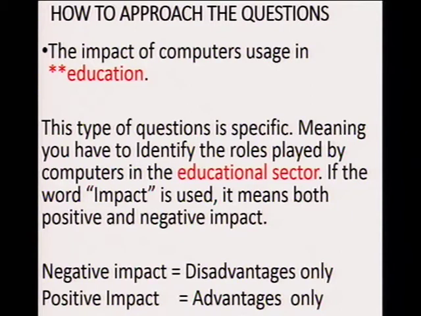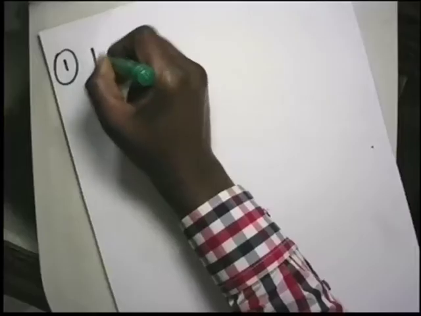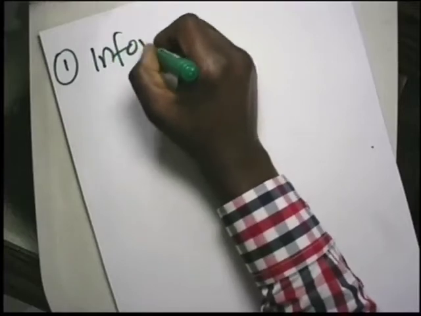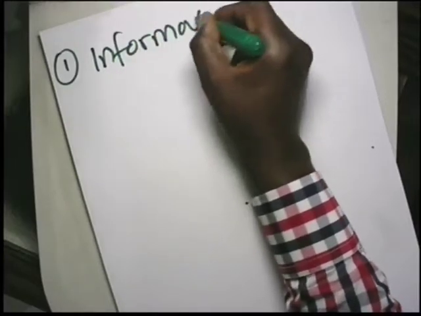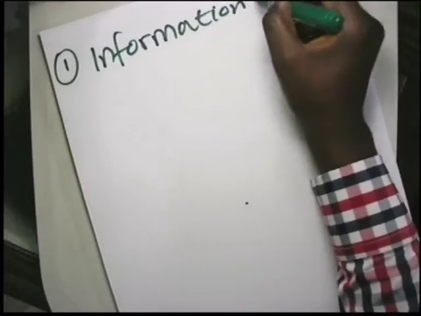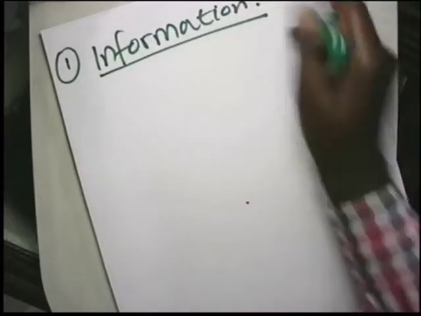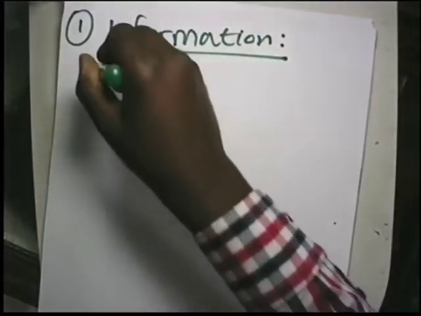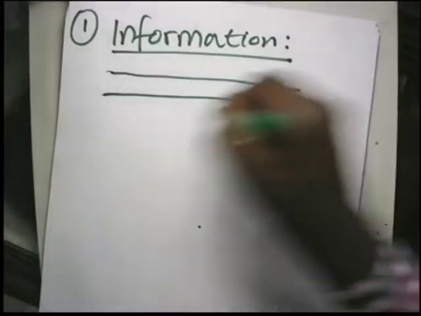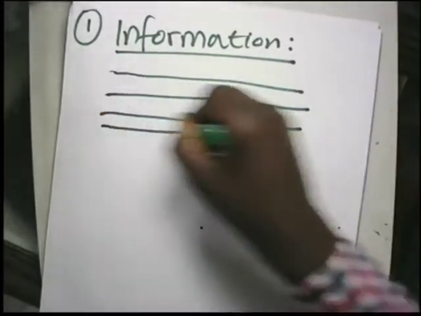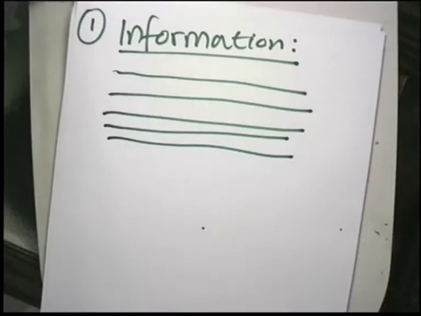So the first point I want to give to my tutor is 1, information. I write that word, information. I underline it. Then what do I do? I will explain everything about how computer makes information available in education.